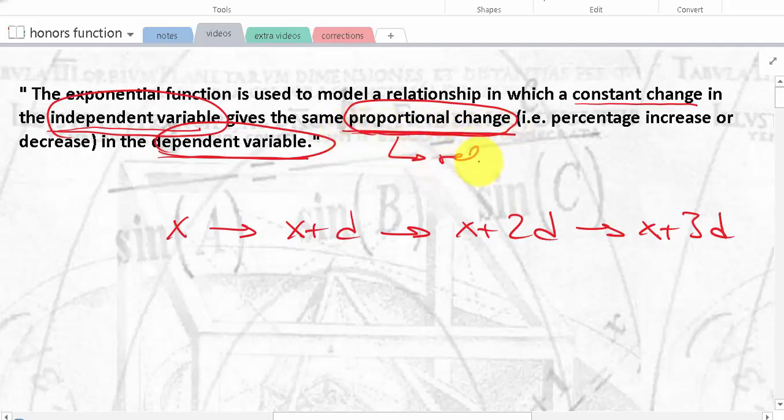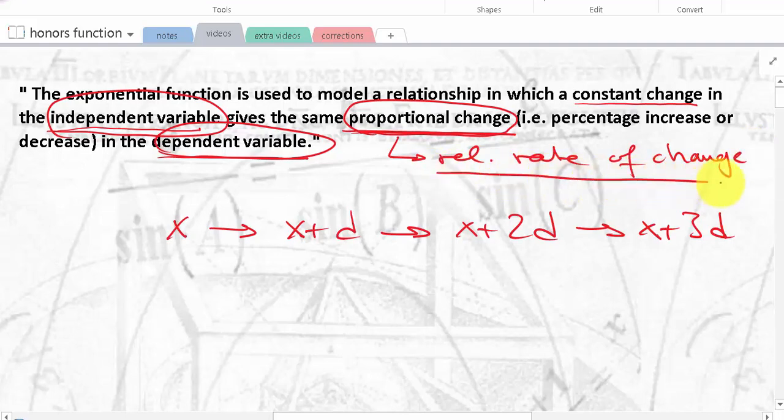This is the relative rate of change, something we defined, I believe in lecture 23 or 24. And there lies the quintessential property of an exponential function.